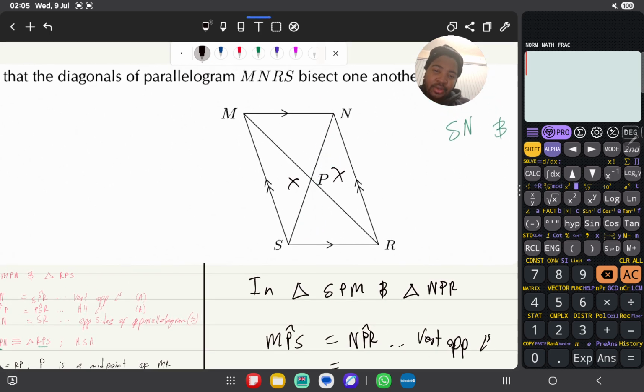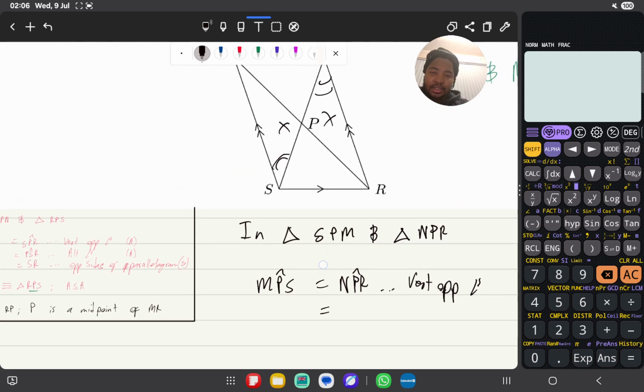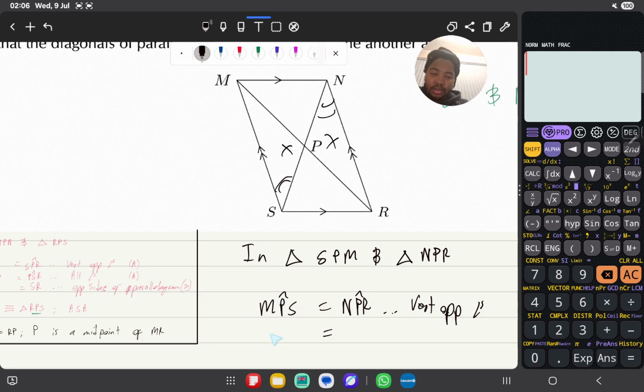You then find out that this angle, right, it alternates with this angle, right? So we go again to say angle MSP equals to angle PNR, right? These are alternating angles.